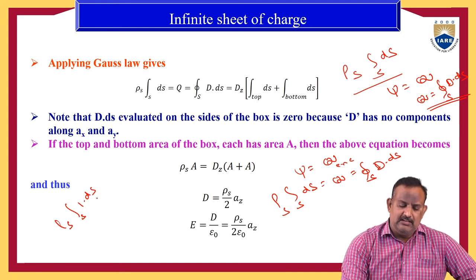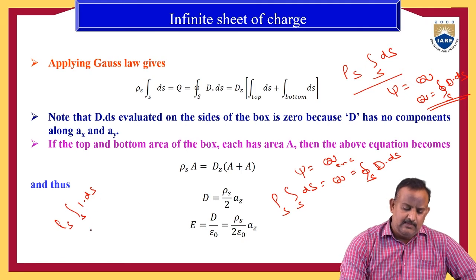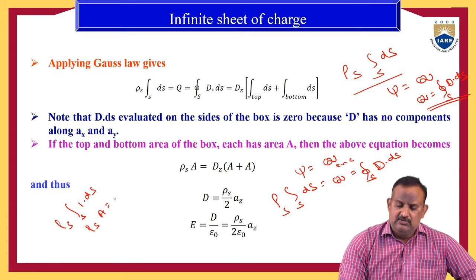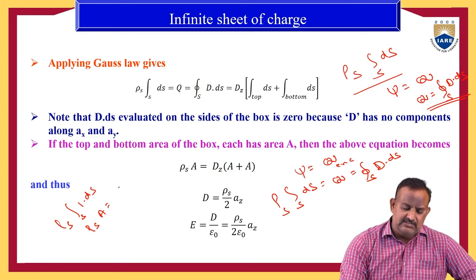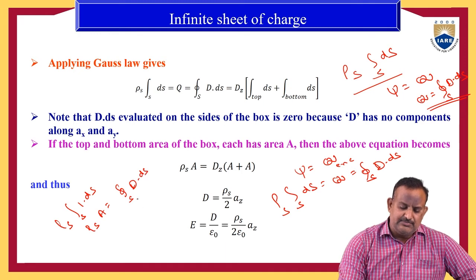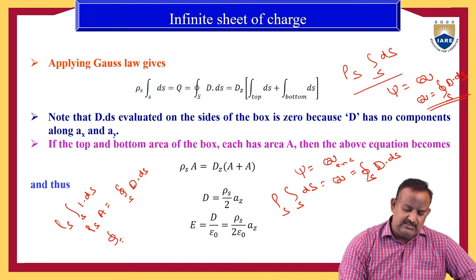If we assume the surface area of the infinite sheet is A, then it will be rho s into A, which is equal to the surface integral of D dot ds on the right hand side. We can substitute D equal to Dz az.